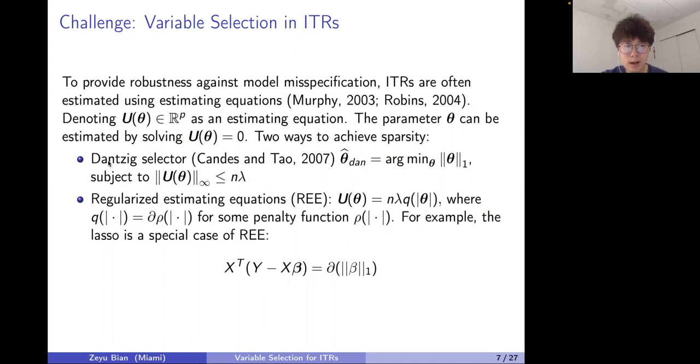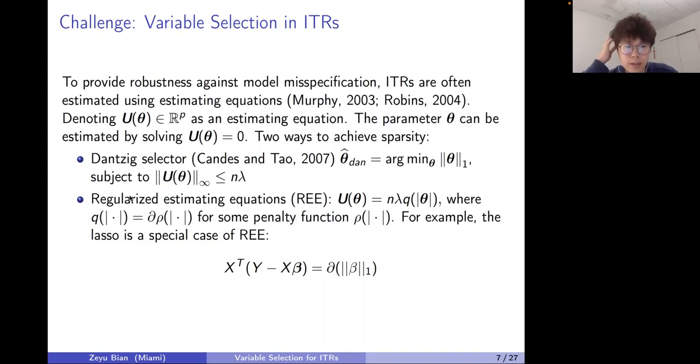The authors call their method the Dantzig selector because this constrained minimization problem can be solved efficiently by using linear programming. And George Dantzig is the father of linear programming, and that's why they have this name.